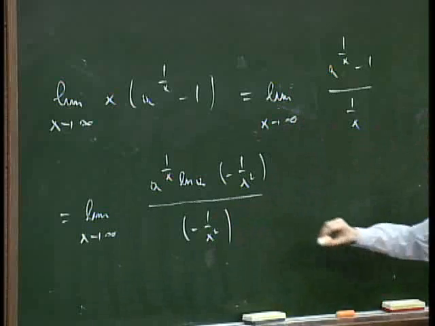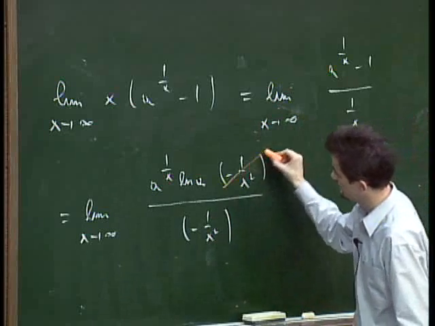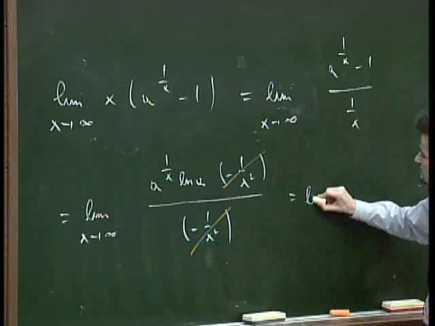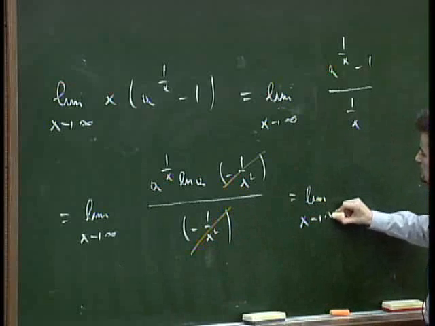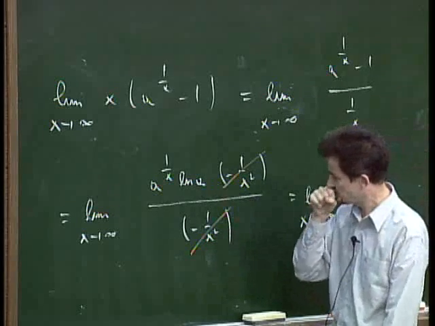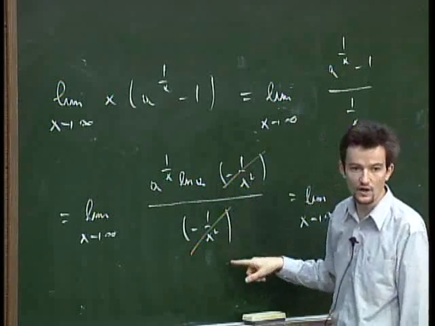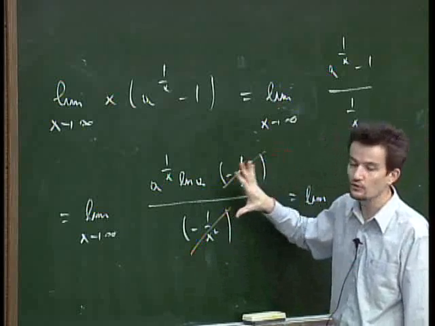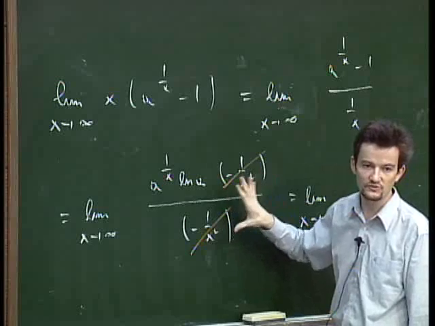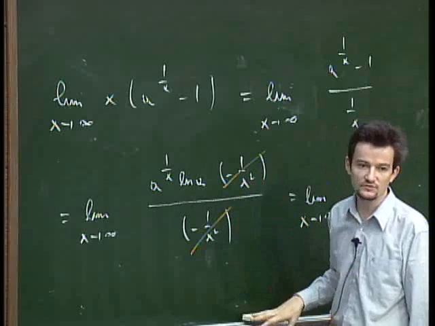Now you see, you can cancel out the bad guy. And what you get is the limit. Of course, you're not going to apply L'Hopital again, because if you look at this here, you get again 0 over 0, but applying the rules of L'Hopital once more, you will not get to a conclusion.